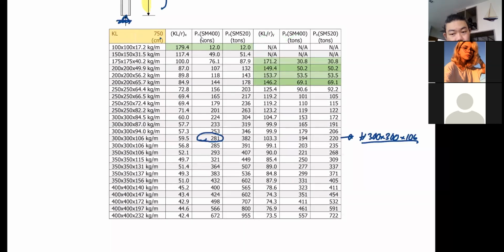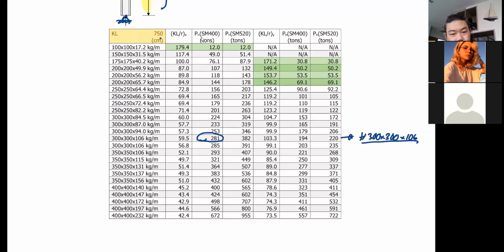Yeah, this one. Okay. As you can see, right, this is a P nominal, right? It has two columns, but what difference are we going to use? Because this is SM400, right? Yeah. And it is still SM400 as well. SM400 and SS400, in terms of strength, they are identical.